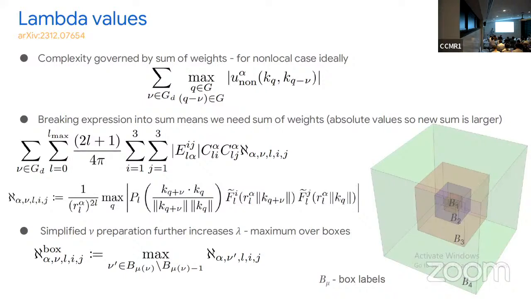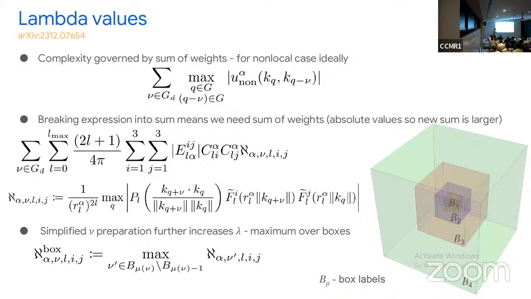But the weights for nu have to be the maximum over the actual weights that we want. And then the value of lambda is going to correspond to that essentially sum over the maximum in there instead of the summing over the actual values. So that's actually boosting the values of lambda that we get for the pseudopotentials.